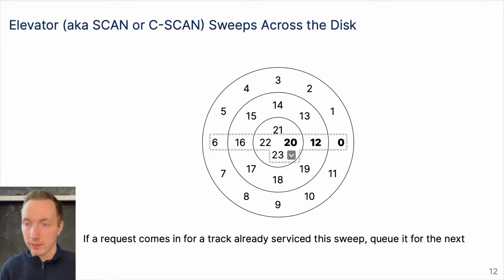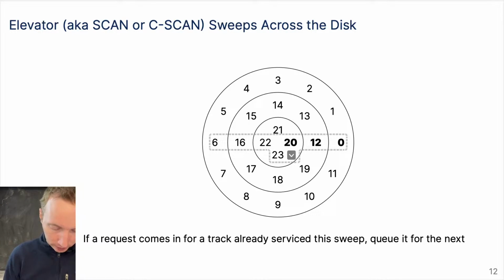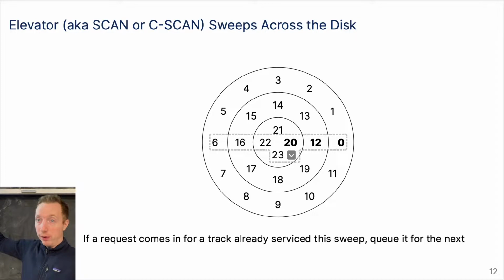So for 0, 12, 26, you said it would go 0, 12, 26 outward, right? If we had 0, 12, 20, and then 6, if it's elevator, it would do everything on the outer ring first. So it would do 0, 6, 12, 20, while the fastest thing to do might be to go 0, 12, 20, and then 6 afterwards.